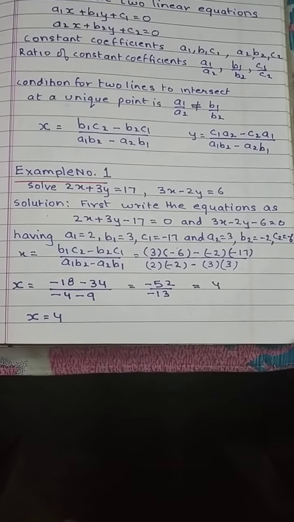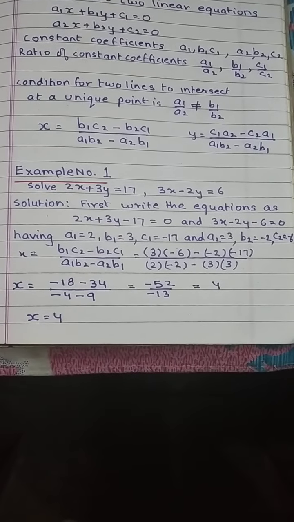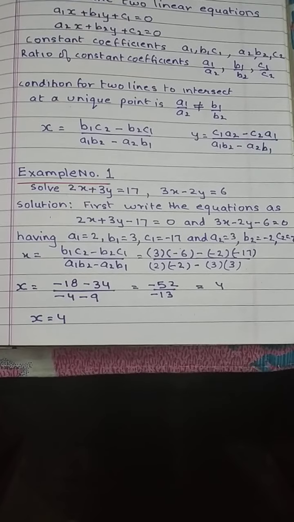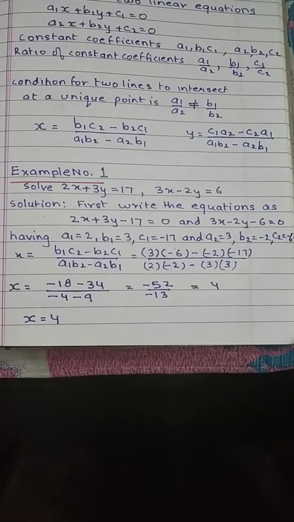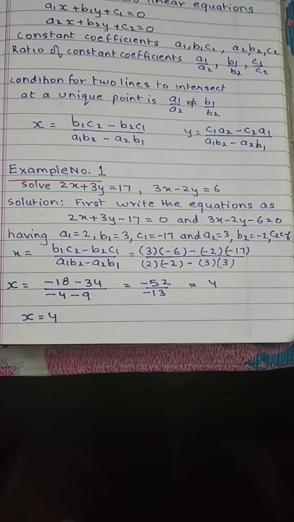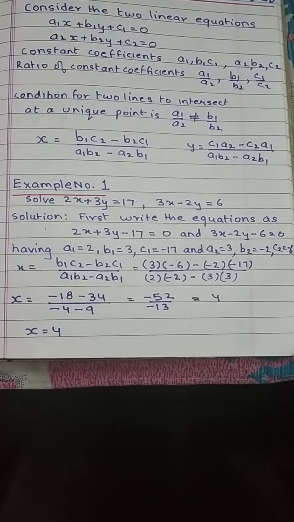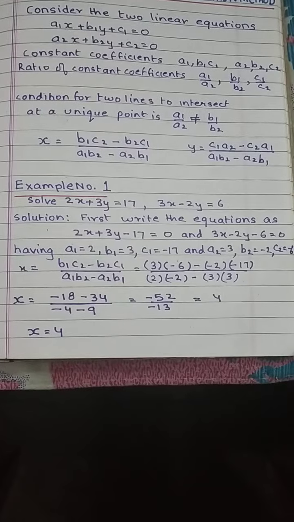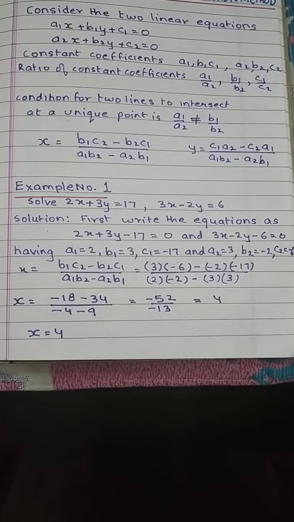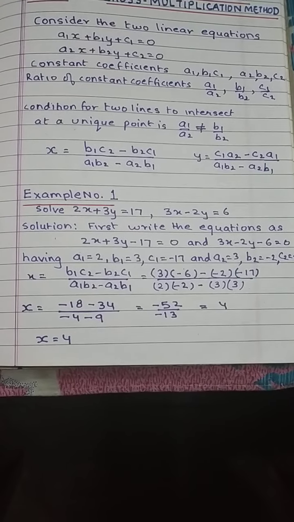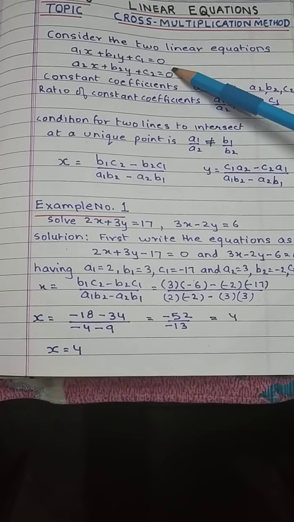In example 1, 2x plus 3y equals 17, 3x minus 2y equals 6. First we write the equations as 2x plus 3y minus 17 equals 0 and 3x minus 2y minus 6 equals 0, exactly as shown above.